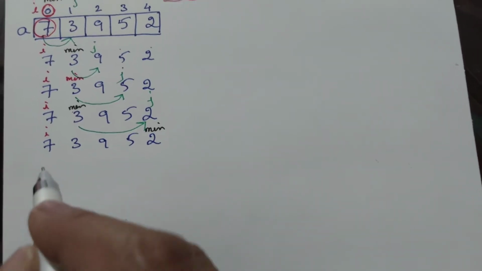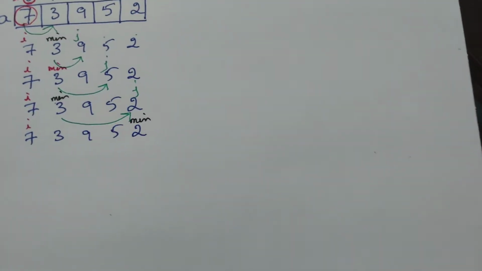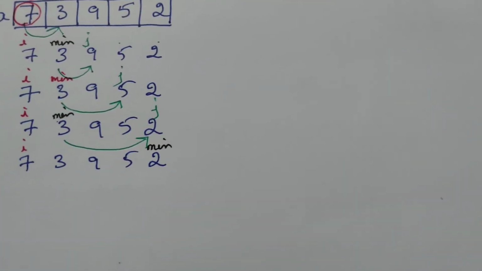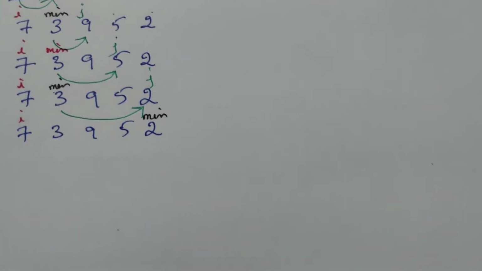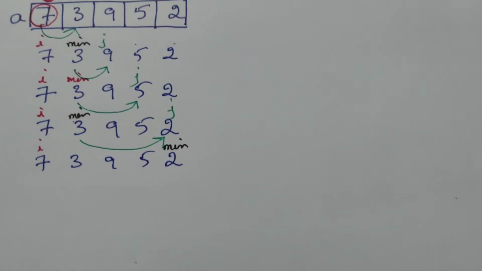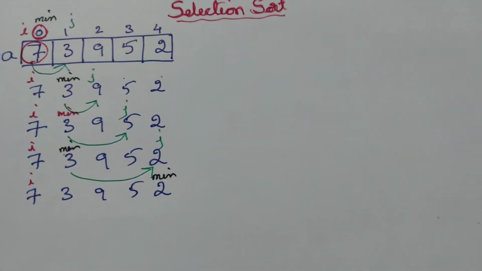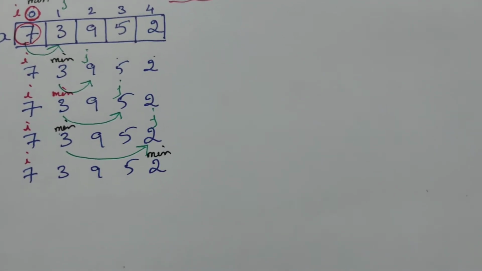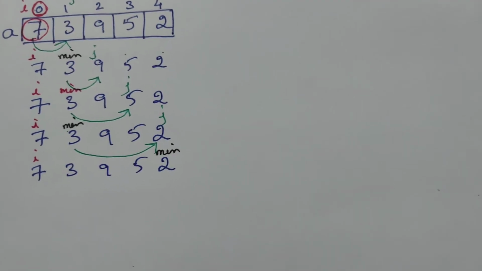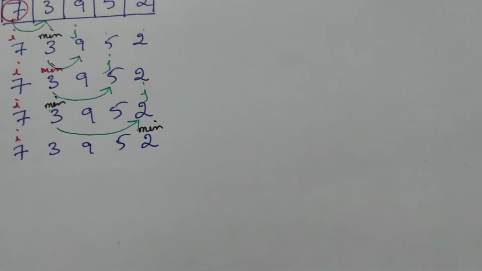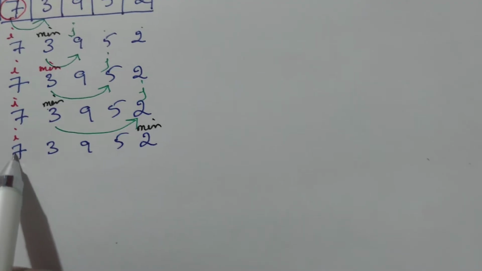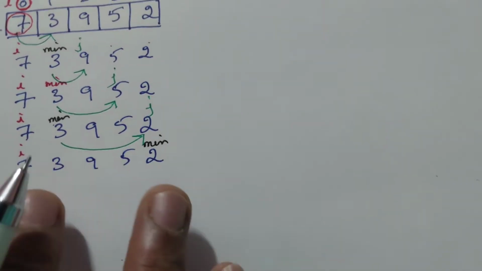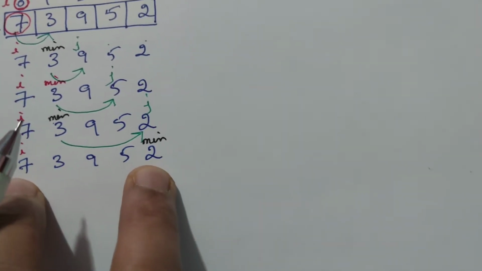We stop. After stopping, where do we need to keep this minimum element? We need to keep it at the first position, which we marked as the I position. So now we swap A of I with A of min. A of I is 7, and the min element is 2, so I swap these two elements: 2 and 7.